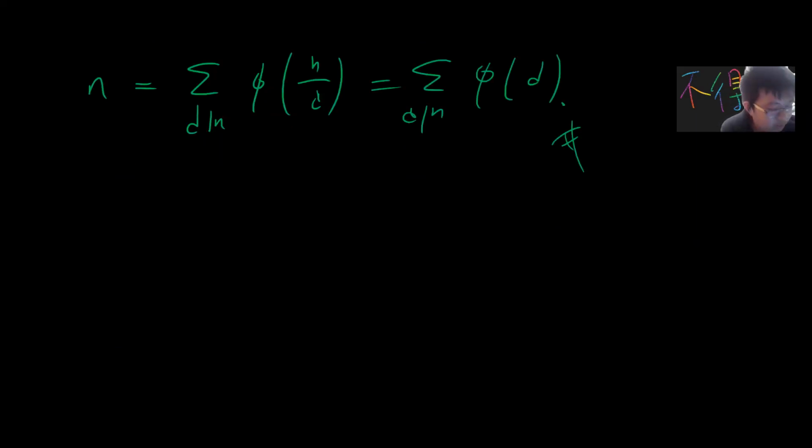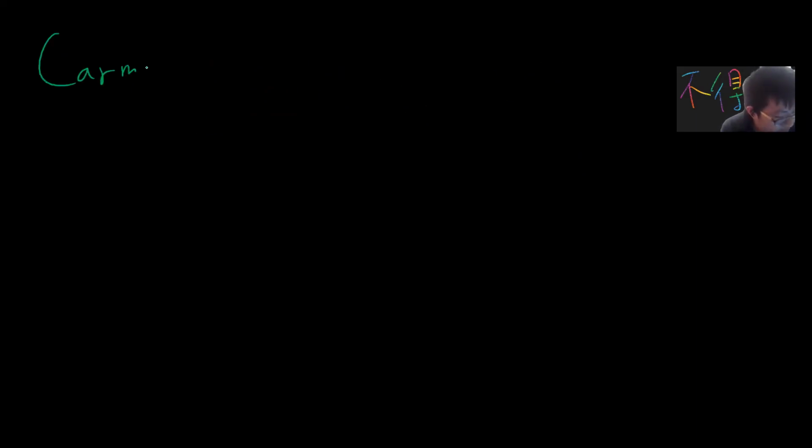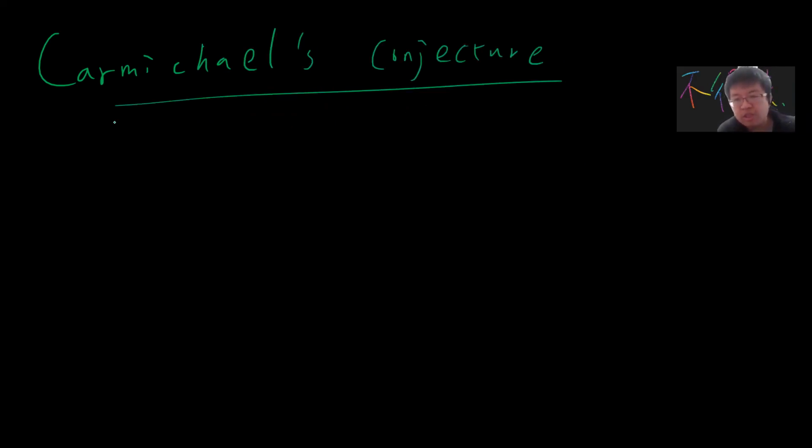Okay, but let me just mention something interesting called Carmichael's conjecture. This is also, I think, not yet proved in number theory. I think this conjecture says something really weird.